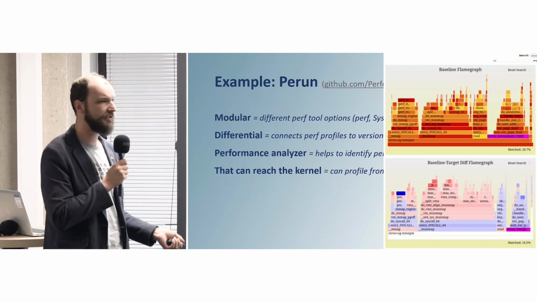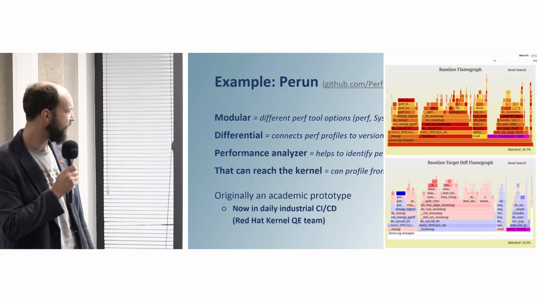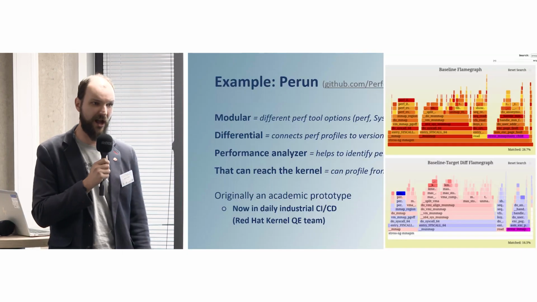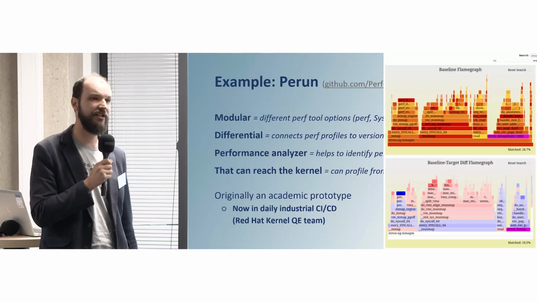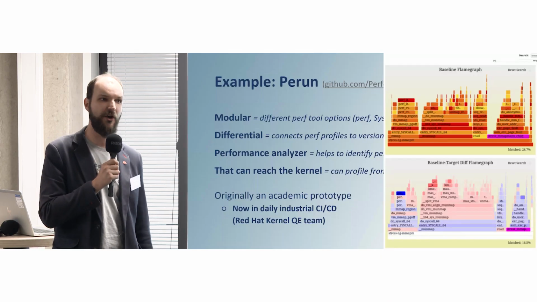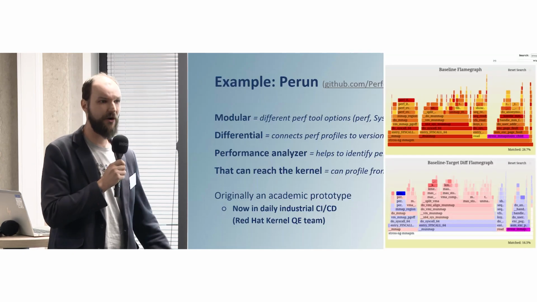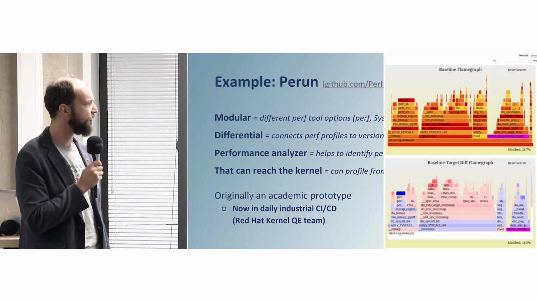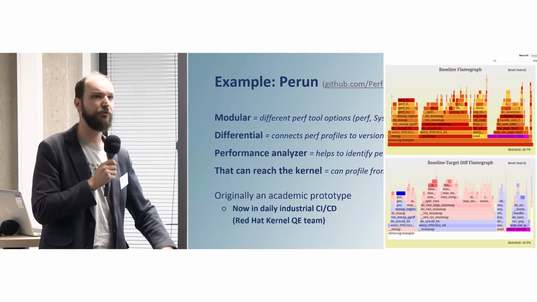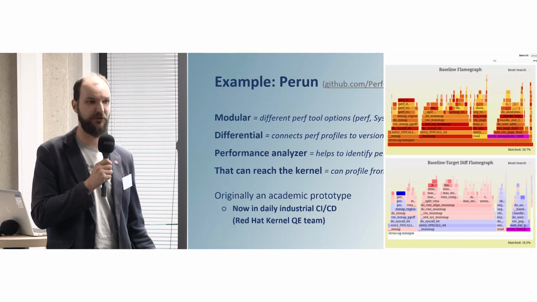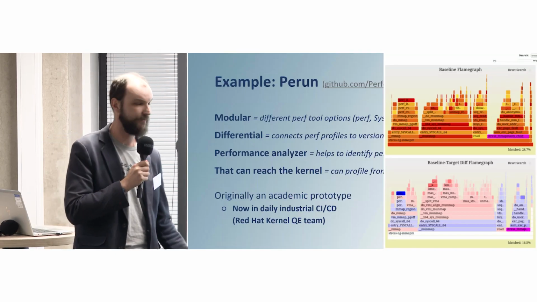So this is a tool that moved from academic prototype to actual industrial use, because for about half a year now, this is running daily at Red Hat within the CI/CD pipeline of the kernel QE team, and they are literally saving man hours, ones to tens of man hours per individual performance degradation, because sometimes it would take 2 days for the kernel QE team just to find out the problem, and now with Perun they can do it much faster.